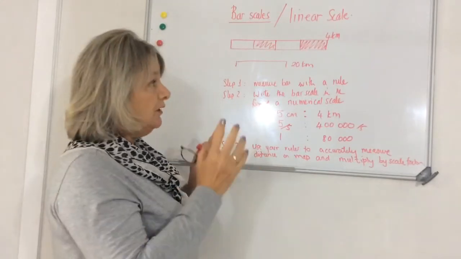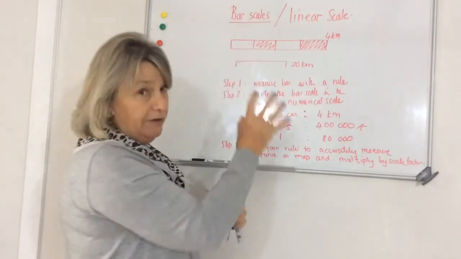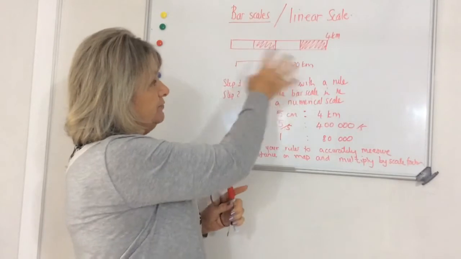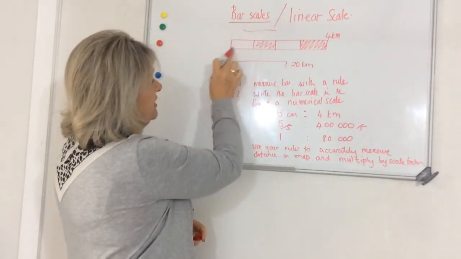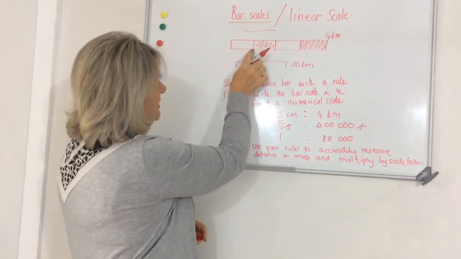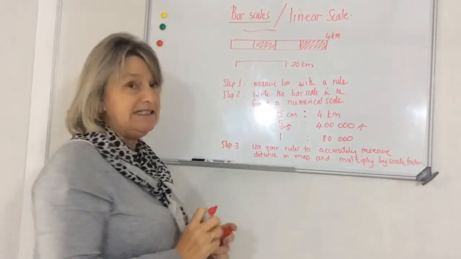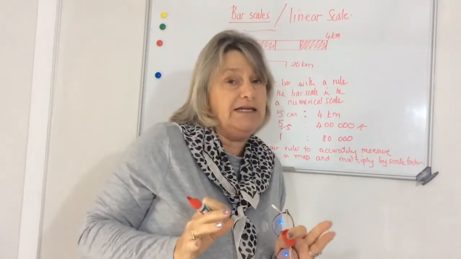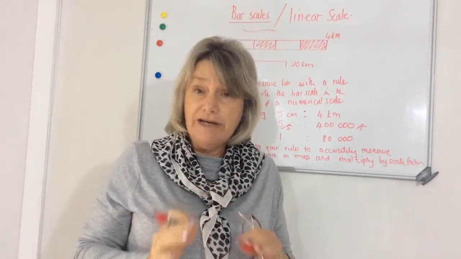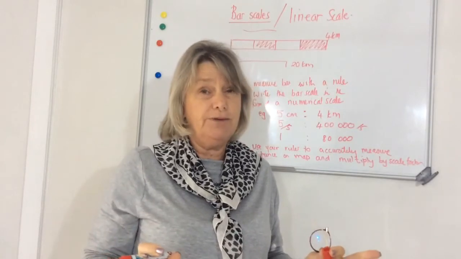So it stays accurate when maps are enlarged or reduced. Secondly, you can have a very quick estimate. It's very easy to look at the map, and if you saw a distance about that, you can say, okay, if this is 1 kilometer and this is 2 kilometers, that distance is probably about 1,8. So without picking up a calculator, you can very quickly estimate distances with a bar scale.